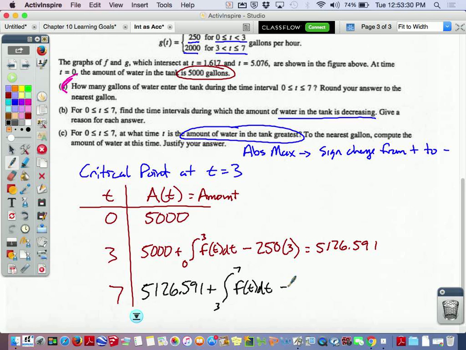From 3 to 7, we're losing 2,000 gallons per hour. So I'll do 2,000 times 4, because we had 4 hours between 3 and 7. This number comes out to be 4,513.807.